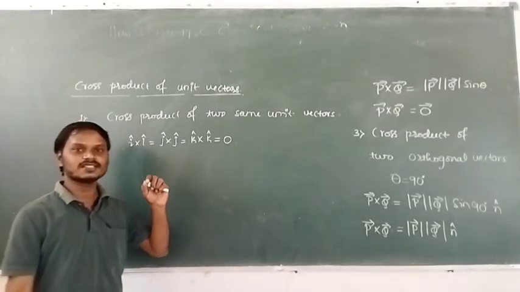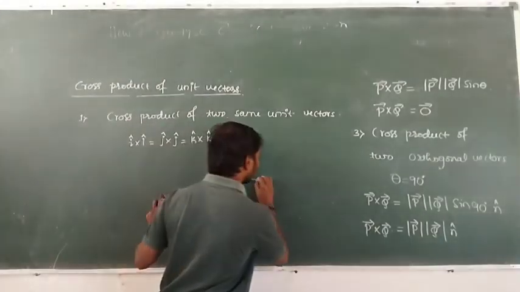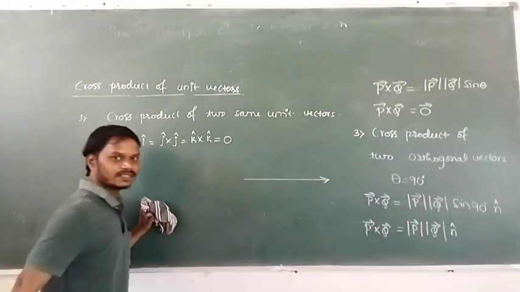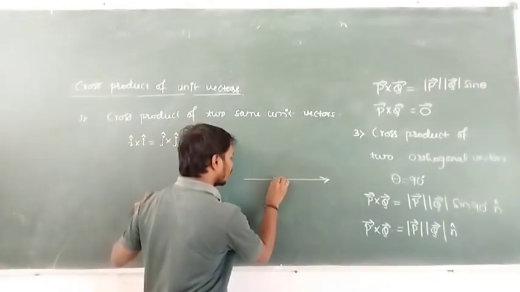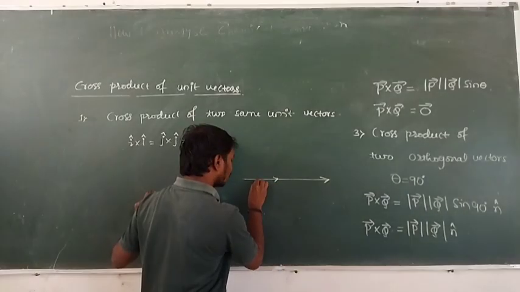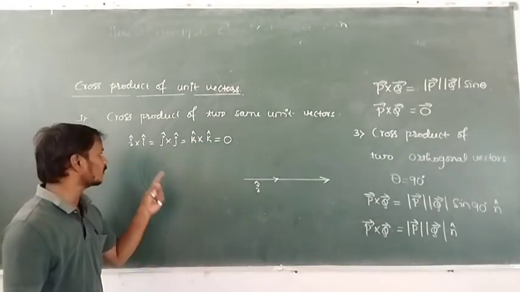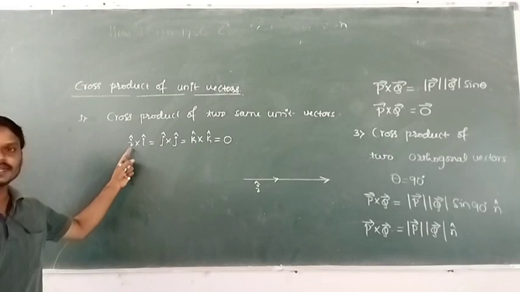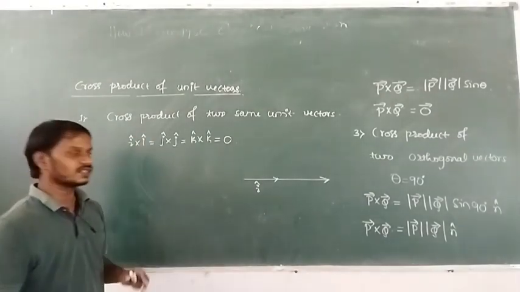Two same vectors means these two vectors taken along the same direction. See, along the x-axis we are going to take which unit vector? That is the unit vector I cap. Then how many unit vectors are there? Two unit vectors are there now. Along the x-axis, how many unit vectors taken here? Two unit vectors. I cap and I cap. The cross product of I and I that gives 0.